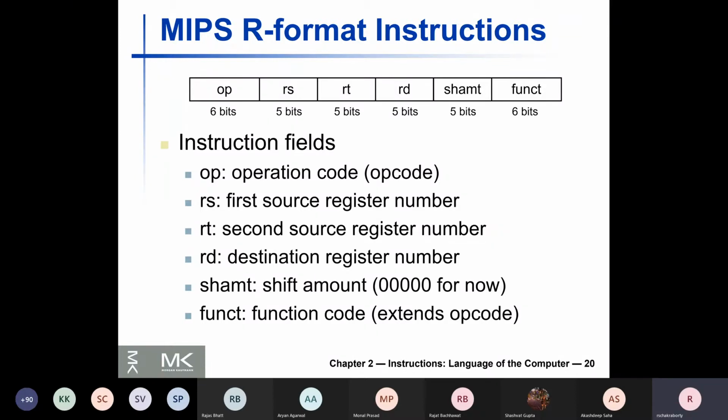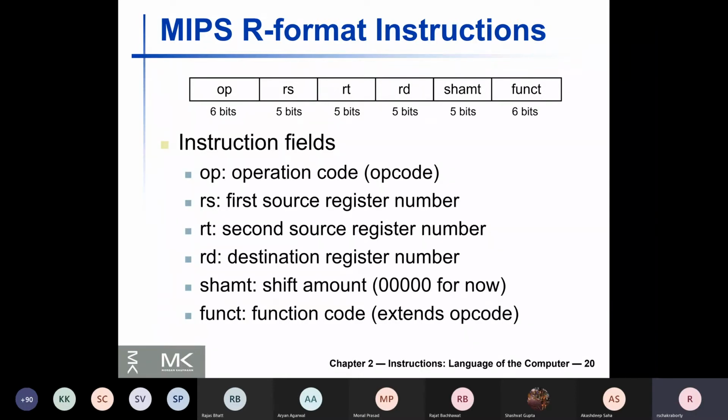So now we will look at instructions from a slightly different viewpoint. The viewpoint is the instruction format, the binary format of the instruction, and that will be the classification criteria. So the first format we look at are R format instructions, or register format instructions. How are these instructions encoded?